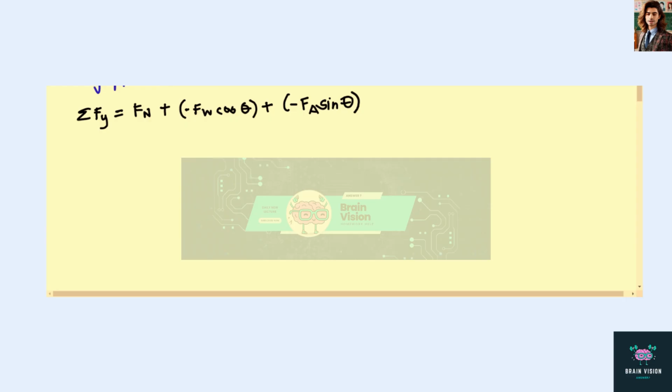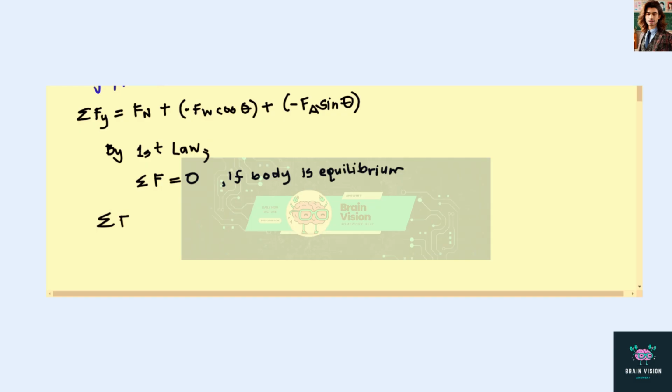Applying the first law of motion, it states that the net force acting on a system, or in this case an object, is equal to zero if a body is in equilibrium. In this case, in the y plane, the body is in equilibrium. Then it's safe to assume that F sub y is also equal to 0.